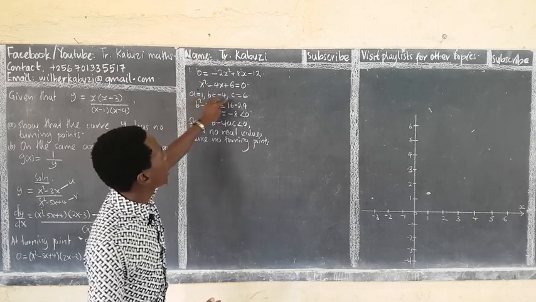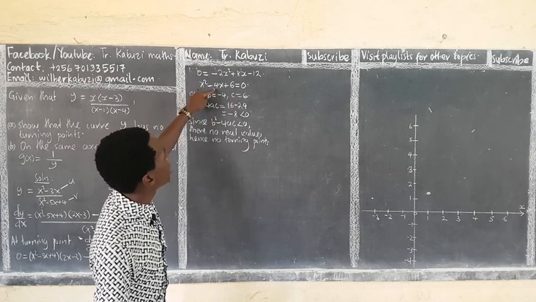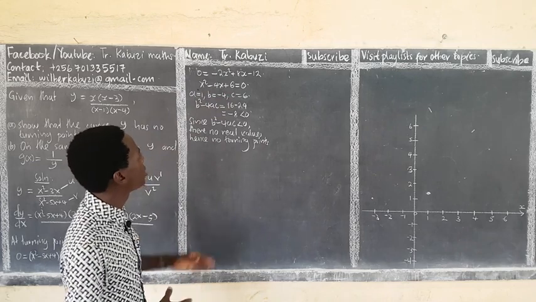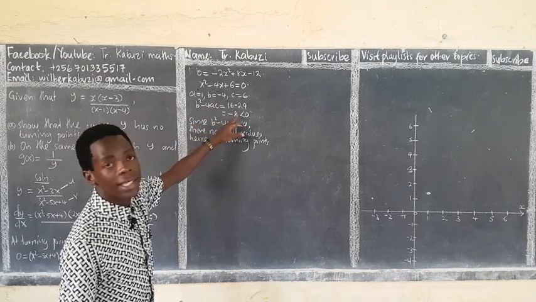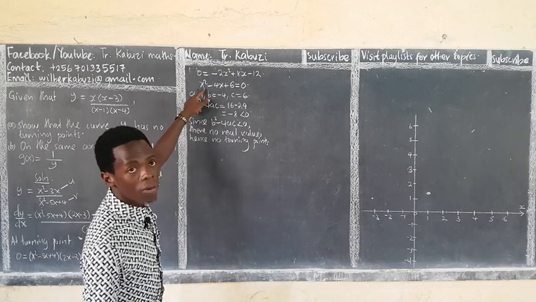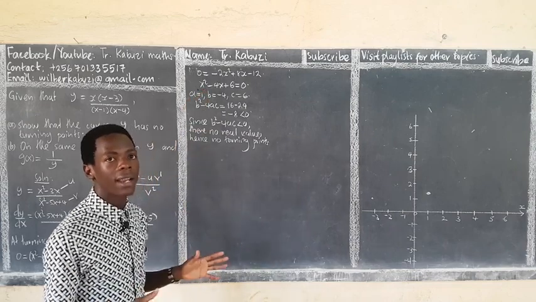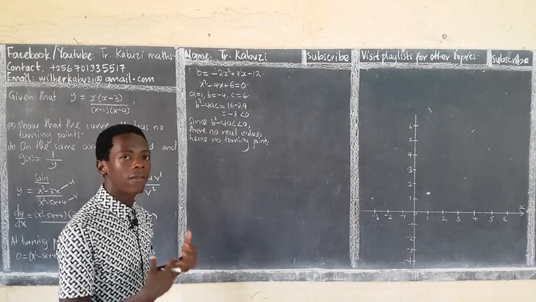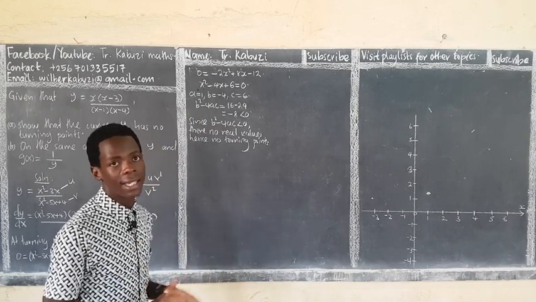But now if you compare, this is 1, this is -4, comparing it with the general quadratic equation, you see that the discriminant is -8, which is less than 0, meaning that this quadratic equation can never give you real values of x. So if you don't have real values of x, then you cannot get the turning point.